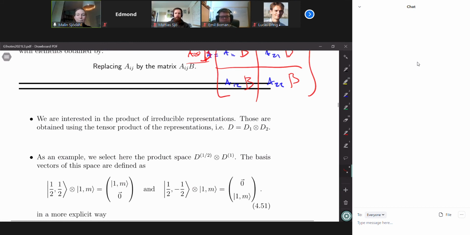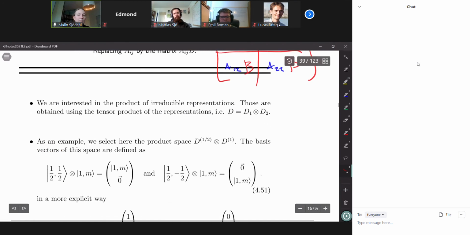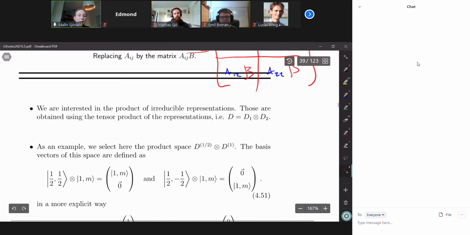So the basis vectors that we will use are then obtained by taking the first elements of this larger basis to be the upper state here times a general state here.